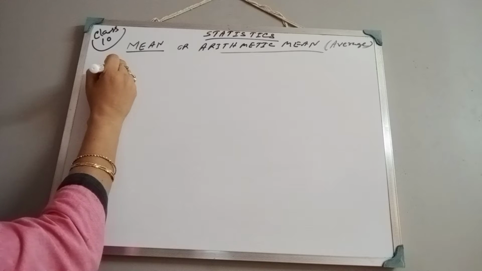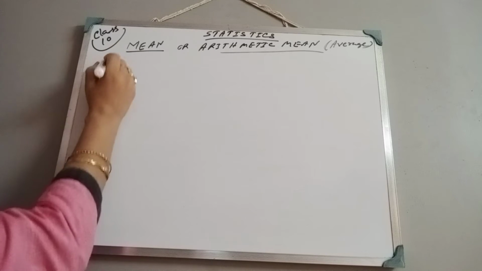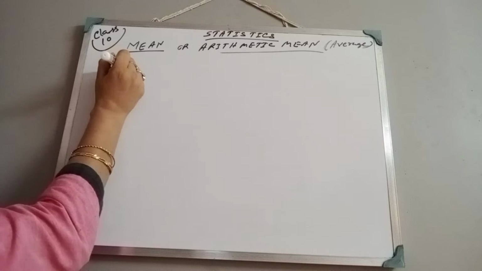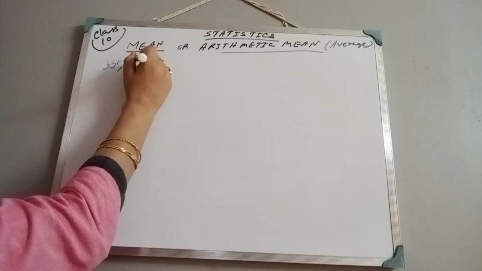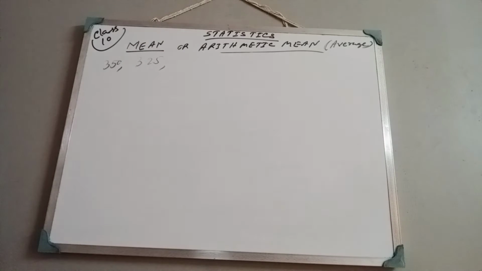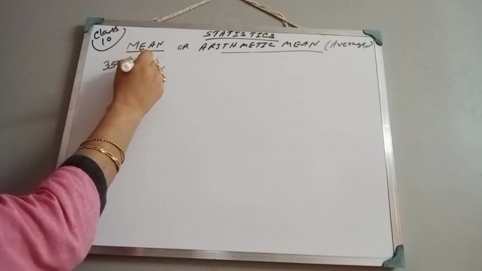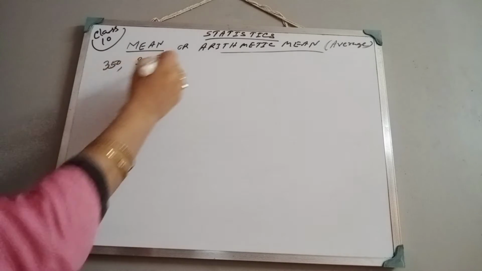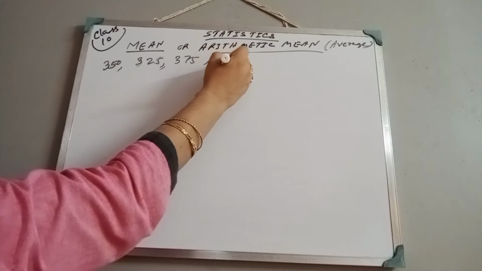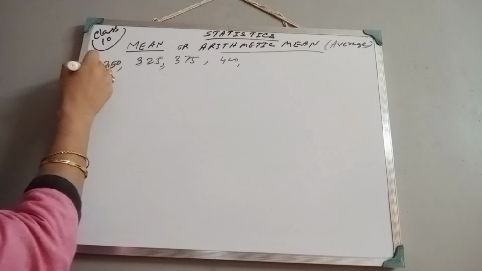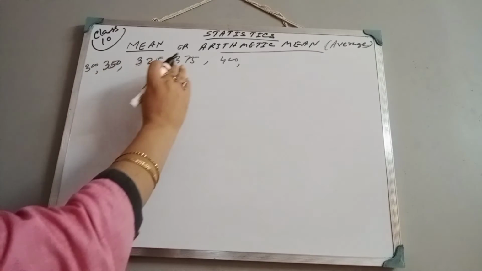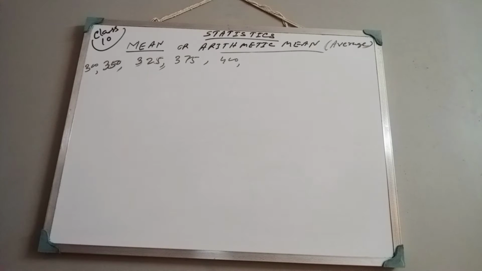The data written was 350, 325, 375, 400, and 300 also there. 300, 350, 325, 375, 400. These are the earnings earned in 10 days.